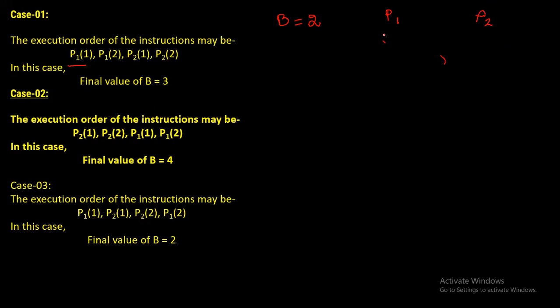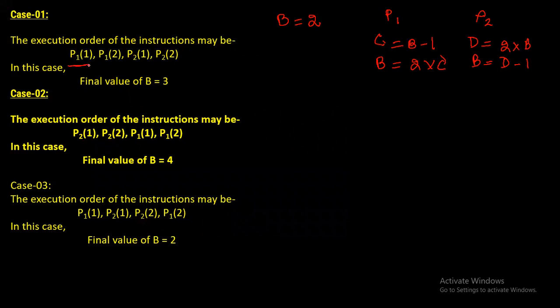For P1, the first line is C equal to B minus 1. Then the second line is B equal to 2 into C. For P2, line 1 is D equal to 2 into B, and line 2 is B equal to D minus 1.